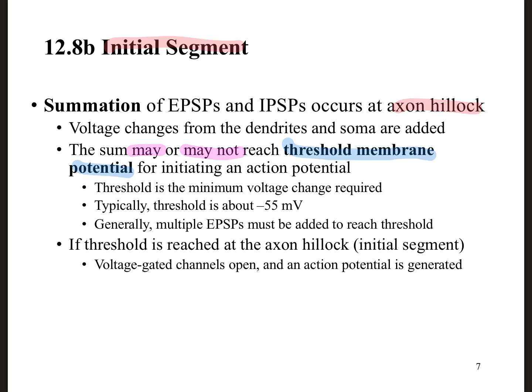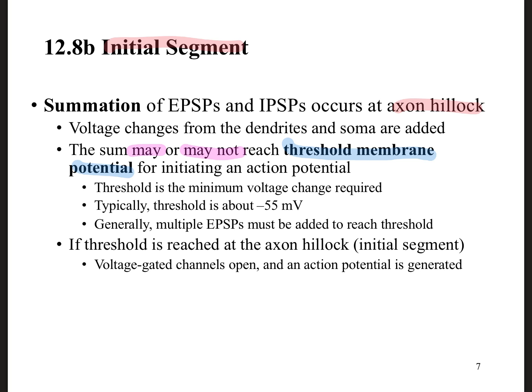So the initial segment and the conductive segment have what type of channels? Voltage-gated sodium and potassium channels. So first, if we reach threshold at about minus 55, that triggers the opening of voltage-gated sodium channels. Now we start to generate an action potential.